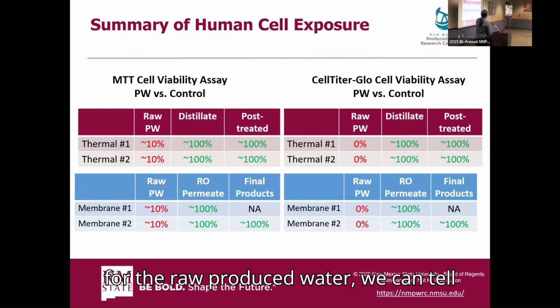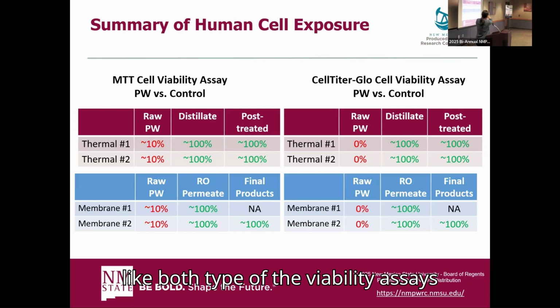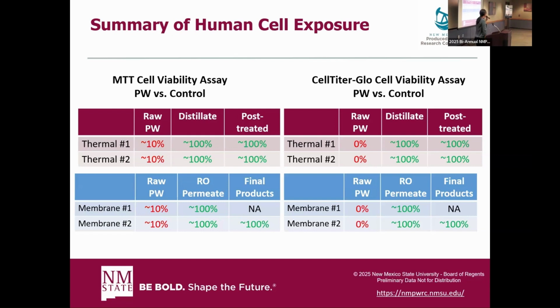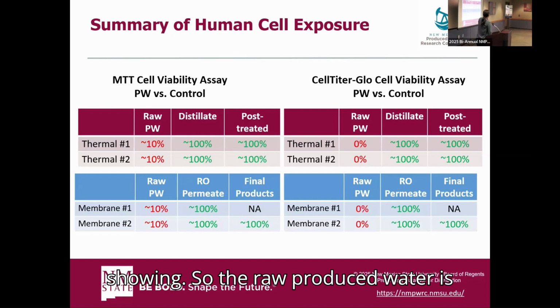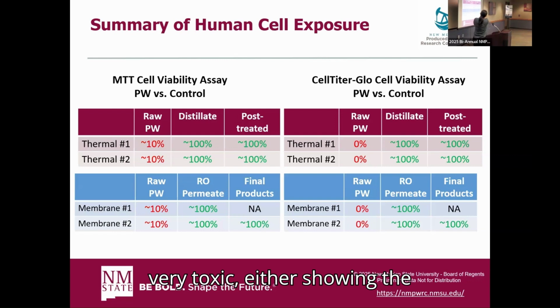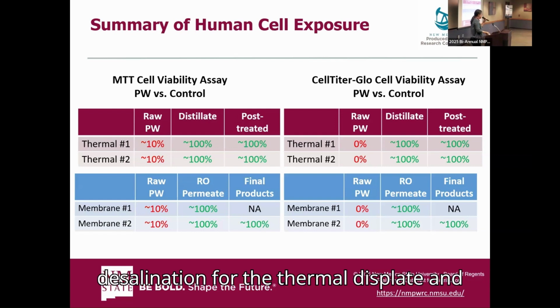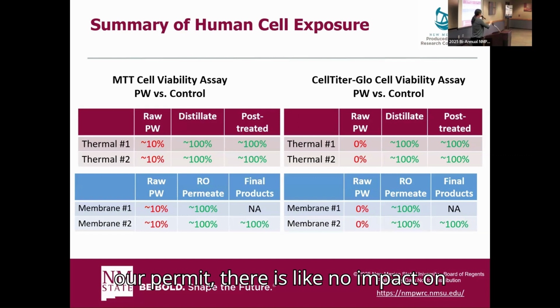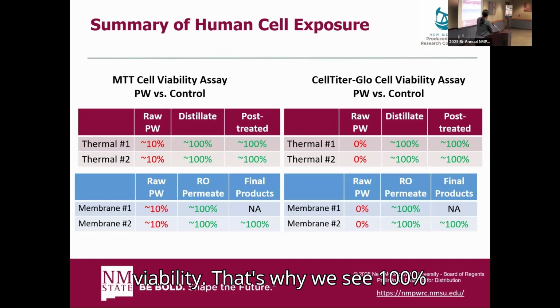For the raw produced water, both types of viability assays show that it is very toxic, with either 0% or 10% viability. However, after desalination, for the thermal distillate and our permeate, there is no impact on viability. That's why we see 100% viability after those treatments.